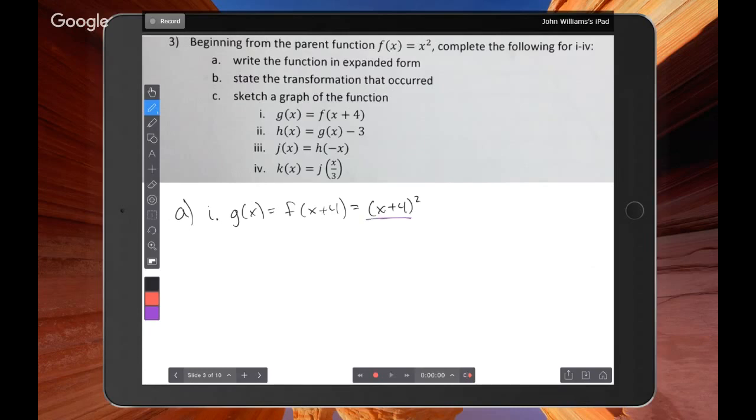And this is a perfectly good answer. If you stop there, that's fine. But if you also wanted to say x squared plus 8x plus 16, that's also fine. Either.